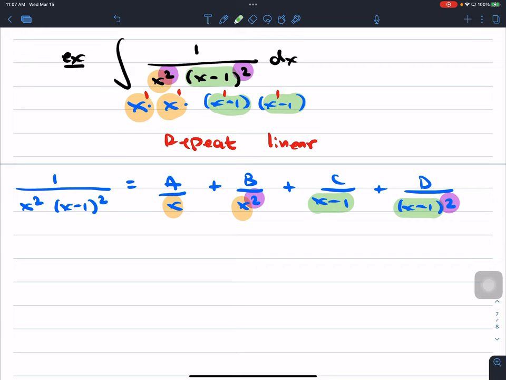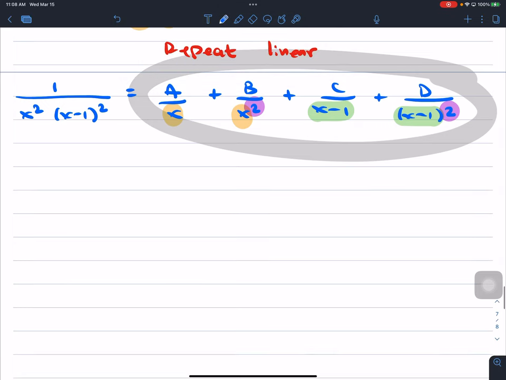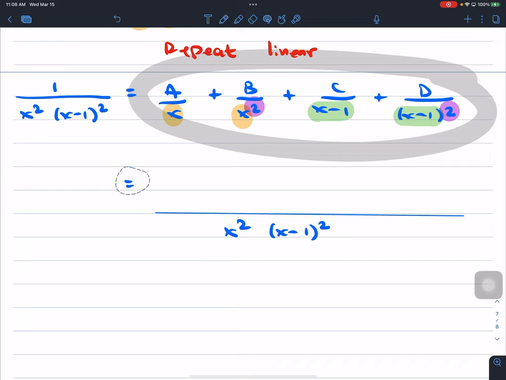Okay, so remember now, on the right-hand side, you're going to do your addition. Is that true? So you're going to add on the right-hand side. So you're going to get the same denominator as x squared, x minus 1 squared. So you're adding 4 rationals. So with the constant A, that'll be x, x minus 1 squared.